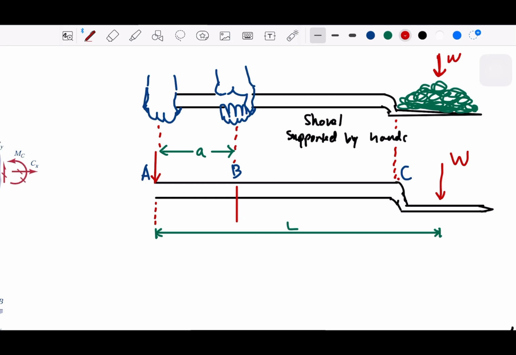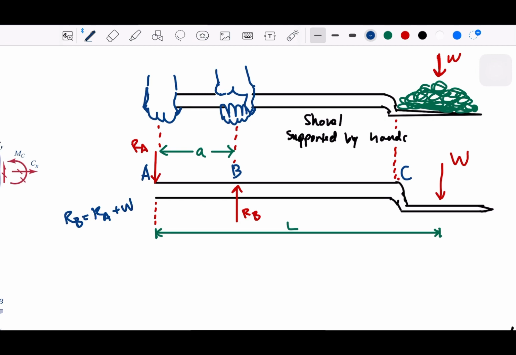Let's say the supports are going to be like that. And let's name the forces RA and RB. And then based on what we have here, we can rewrite that RB is RA plus W.